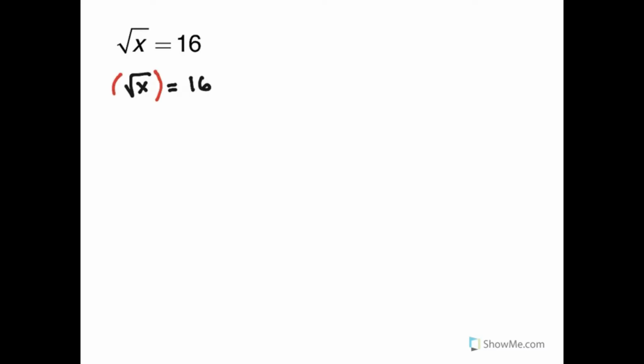And the opposite of square root is square. So I'm going to square both sides, and the square and the square root cancel out. And so x is equal to 16 squared, 256. Now if I check that back, the square root of 256 is 16.